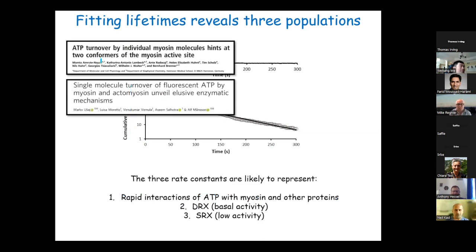There is evidence for this from the literature. Mamta from Bernard Brenner's group at the time studied the turnover of individual ATPs and found that there were fast and slow events.